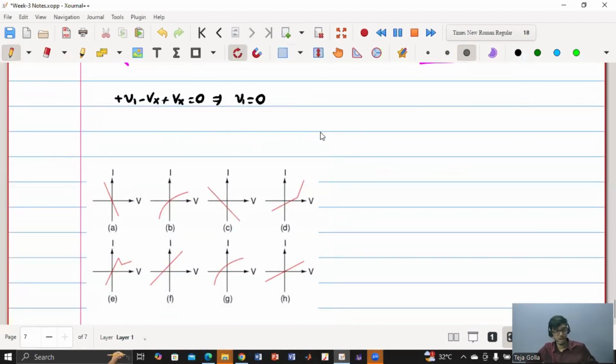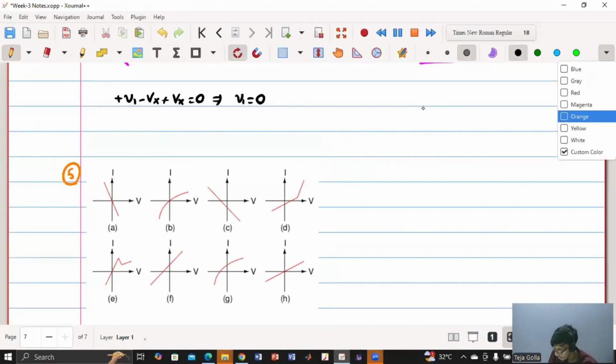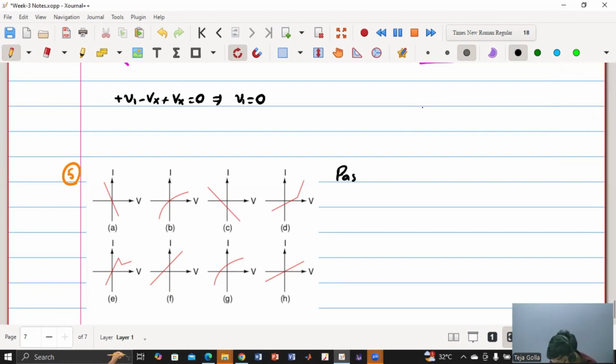They are asking what is passive. What does that mean? It means energy is positive, right? So if power is positive, then E is also positive because E is equal to P into T. Agree?